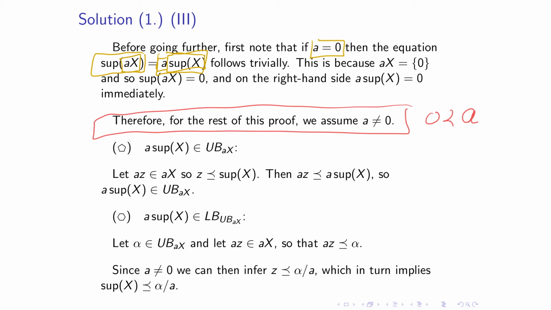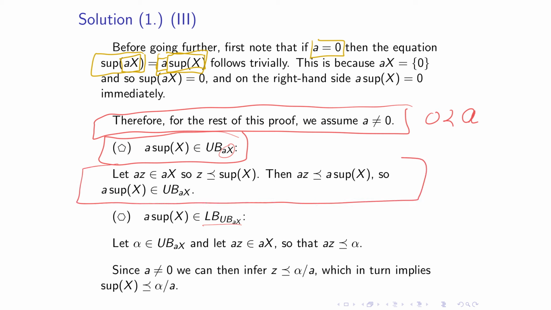As before, we have two things to show: that a sup X is an upper bound on the set aX, and then later that it is a lower bound on the set of upper bounds. But just to address the first part, we're going to show that it's an upper bound. So we're going to take an arbitrary element z. We know that since z is in the set X, then therefore sup X is bigger, and we can multiply throughout by a.